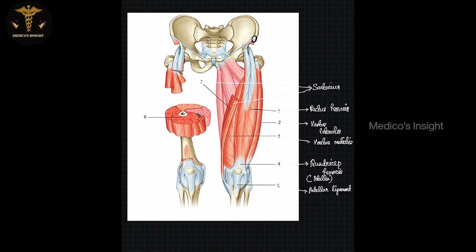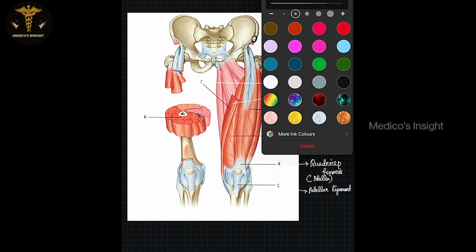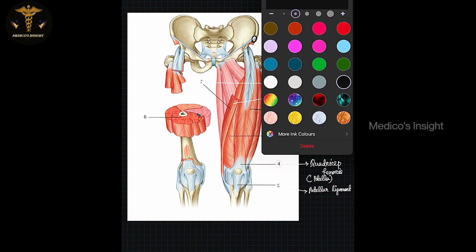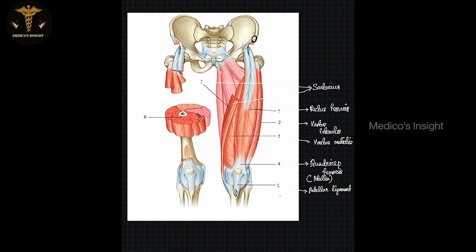This one is the tibial tuberosity of tibia, from where the shin of tibia arises. And here is a muscle known as vastus intermedius, as it is closely attached to the bone shaft of the femur.